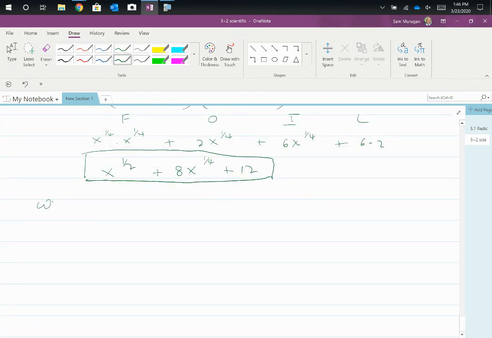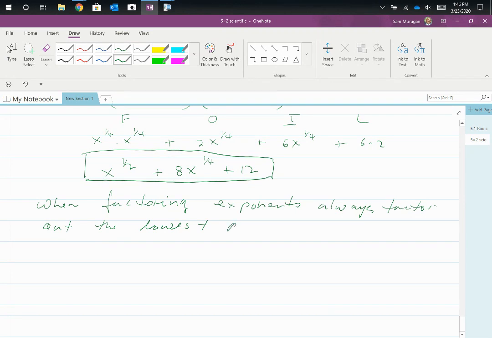Finally, when factoring exponents, always factor out the lowest power.